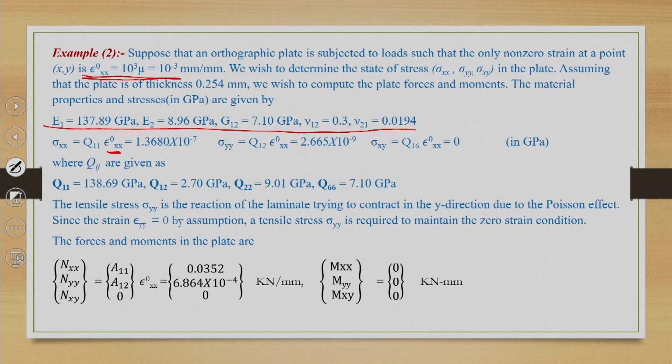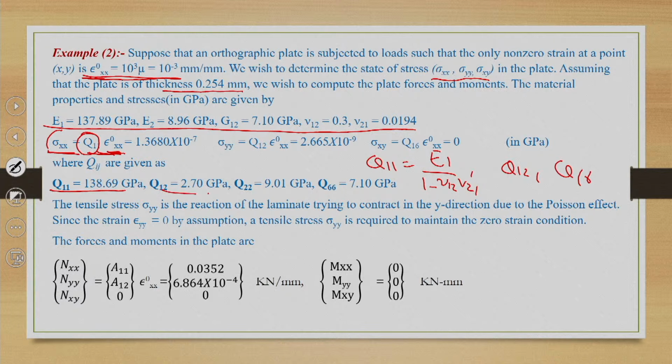We are going to read the statement that an orthotropic plate is subjected to only this non-zero strain, then we are interested to find the state of stress at that point, and thickness of the plate and material properties are given. So, you can evaluate sigma xx is Q11 of epsilon naught. For this purpose we know how to evaluate Q11. Q11 is E1 by 1 minus mu12 mu21, and what is Q12, and similarly Q16 later on.